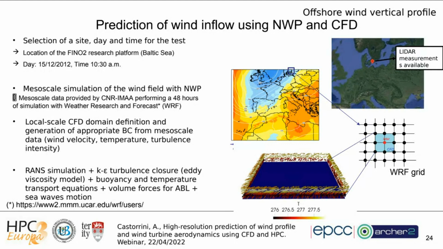We need to add the buoyancy effects and the temperature transport equation to the set of governing equations, plus some forces and sources to account for, for example, Coriolis force and geostrophic wind drag, or also the thermal production of turbulence. And also in this case, we are interested in seeing what happens if we add the motion of the sea waves on the sea surface.